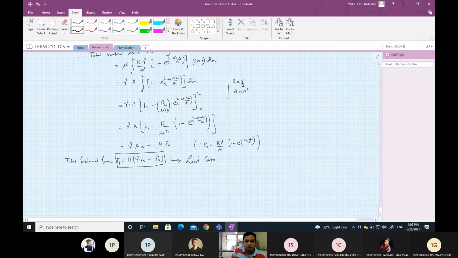Load carried by walls. Okay. Today we'll discuss another theory, that is Airy's theory.